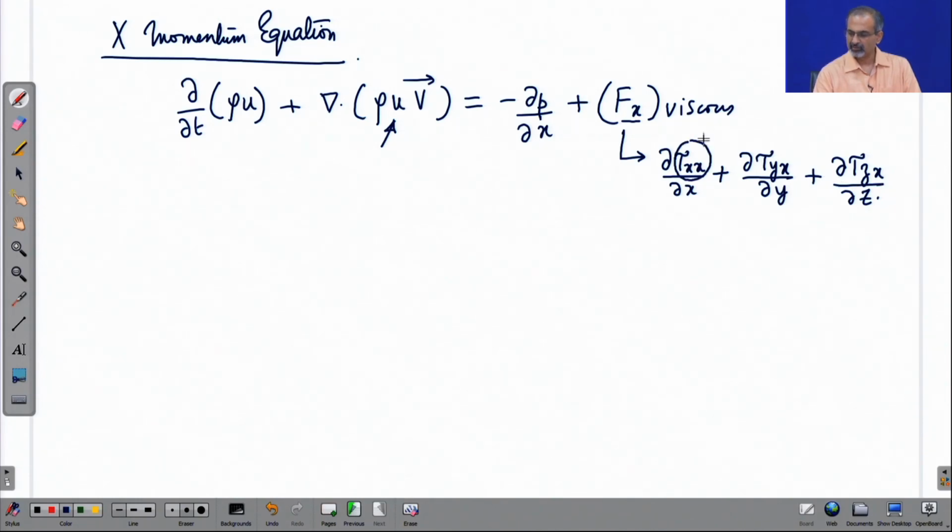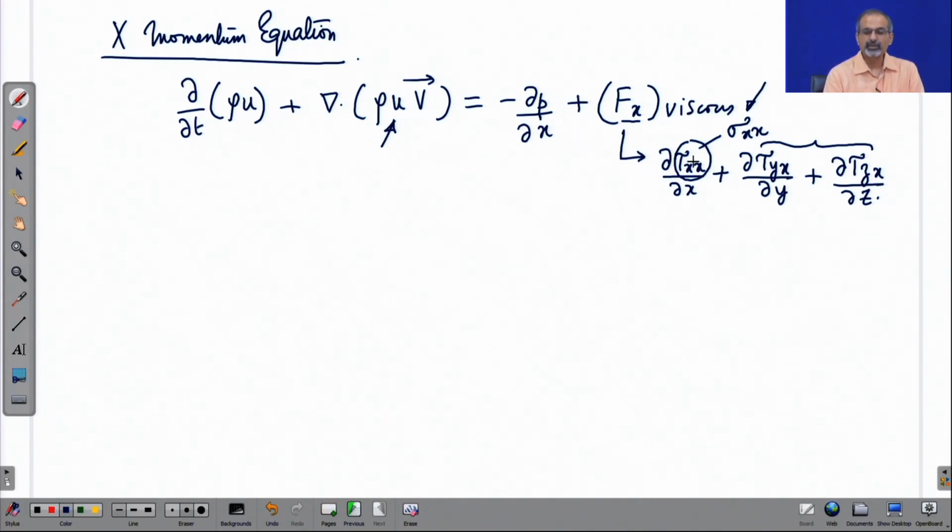We will just change the nomenclature of this term. This one we had called it as sigma xx. So, in some books you will find that all of them are represented in the form of taus, while in some others you will find that the normal stresses are represented by sigmas, while the shear stresses are represented by taus. So, let us be familiar with both kind of nomenclature.